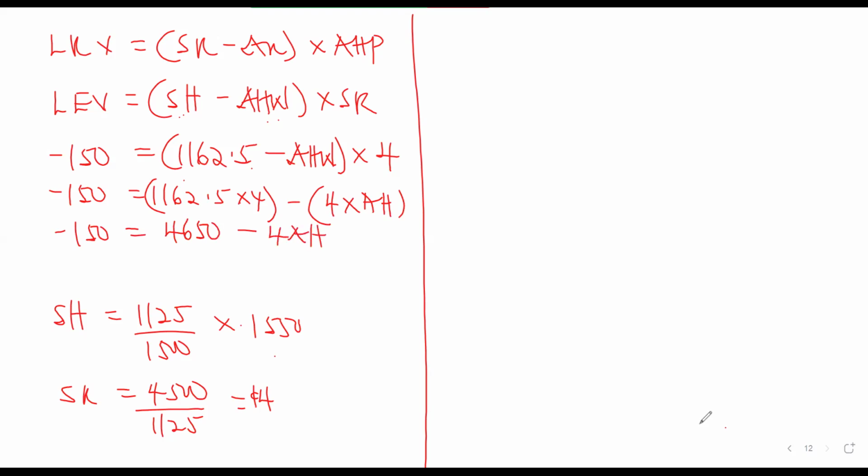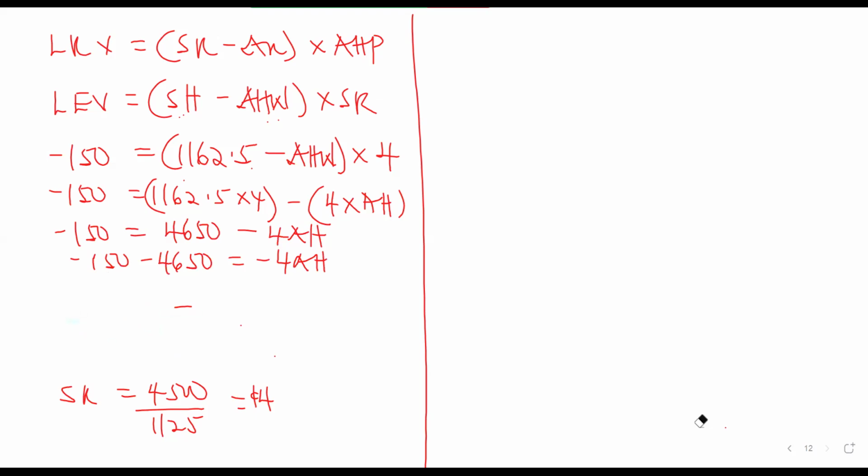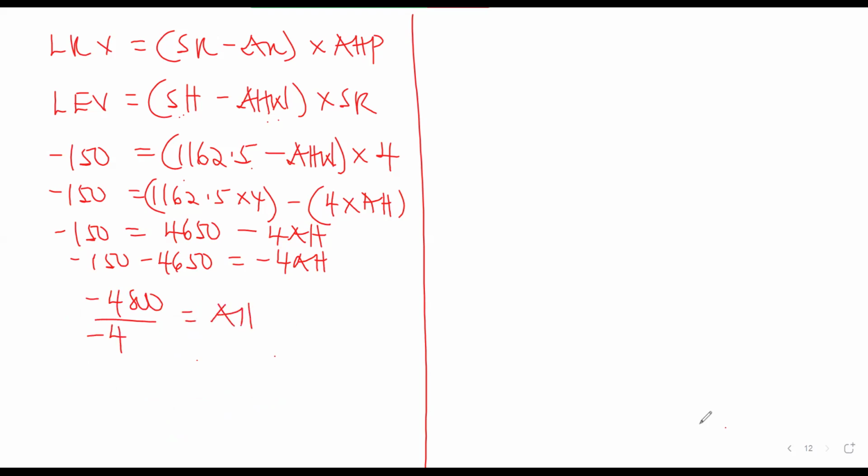So negative 150 minus 4650 is equal to negative 4,800, which equals negative 4 AH. Then negative 4,800 divided by negative 4 will give us 1,200, isn't it? Yes. So the actual hours will be 1,200 hours.